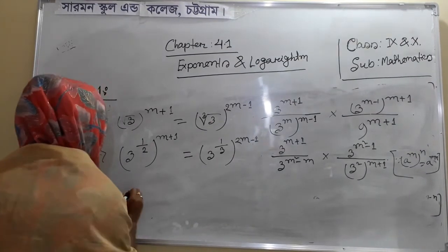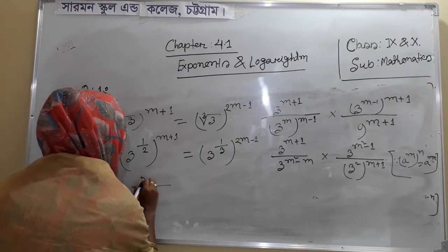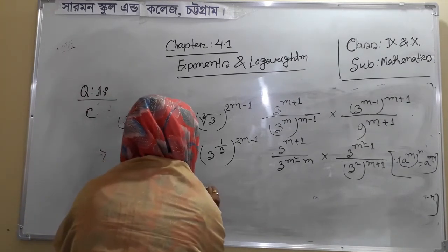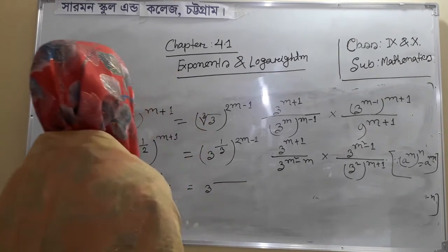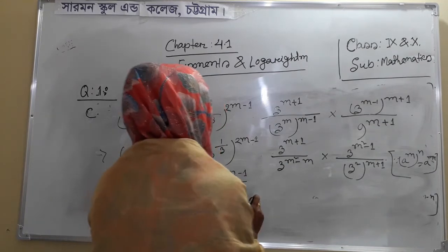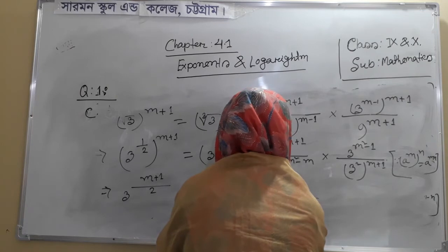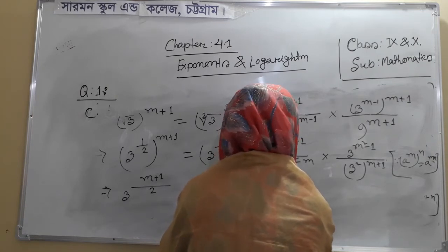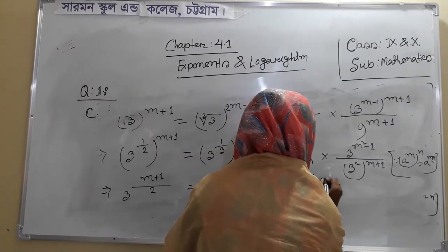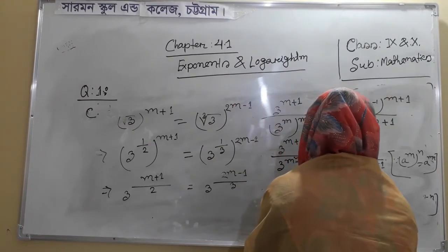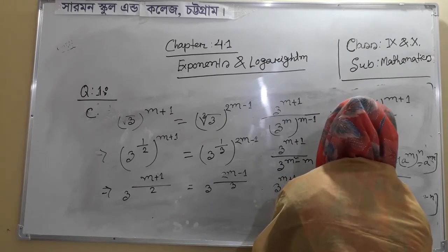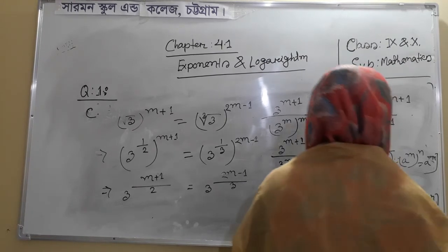Now 3 to the power m plus 1 divided by 2 equals 3 to the power 2m minus 1 divided by 3 into 3 to the power m plus 1 minus m square plus m into 3 to the power m square minus 1 divided by 3 to the power 2m plus 2.